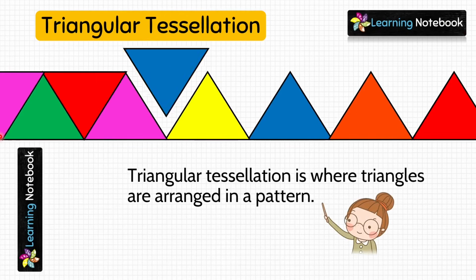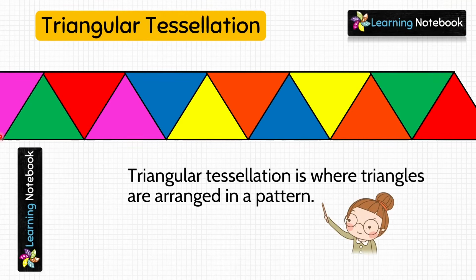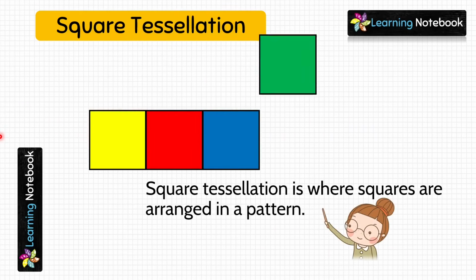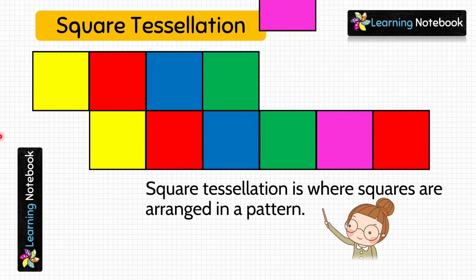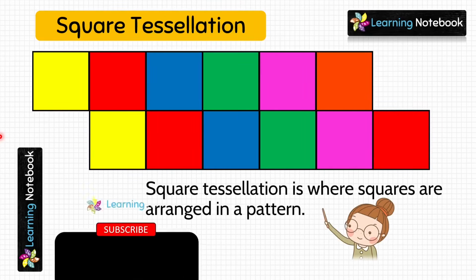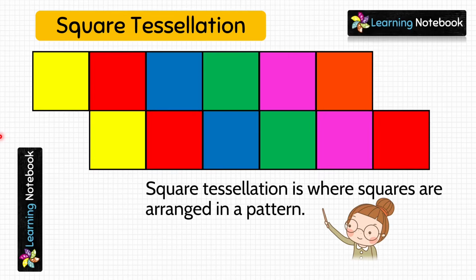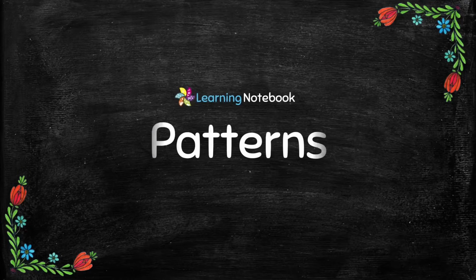Triangular tessellation is where triangles are arranged in a pattern. As you can see here, this is a triangular tessellation. And last is square tessellation. Square tessellation is where squares are arranged in a pattern. Like here, squares are arranged in a pattern. So this is a square tessellation. So this was all about tessellation.